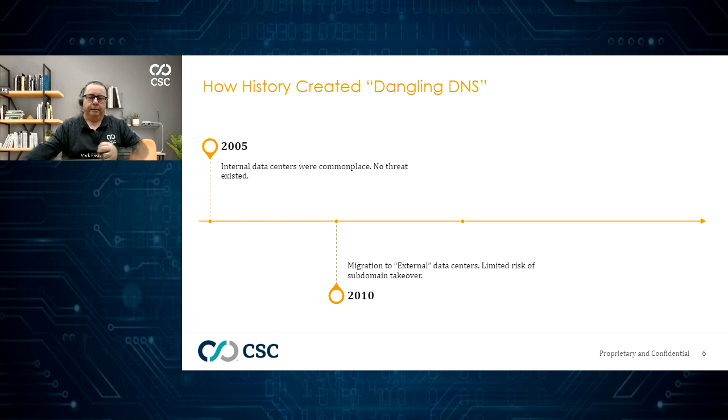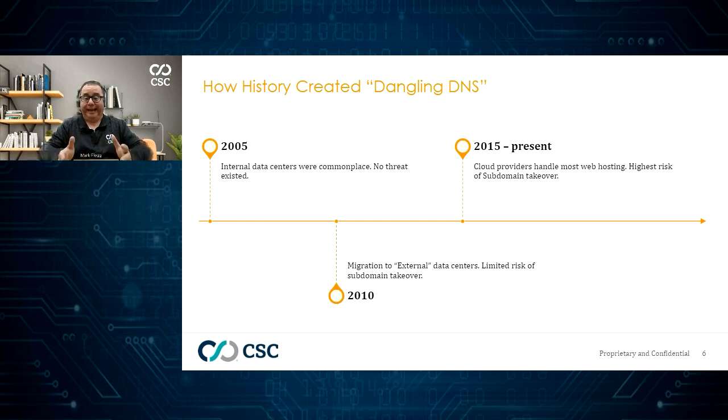So we fast forward again to certainly now, and I think the biggest push we saw was from 2015, where people were now using another external data center, but we call it the cloud. And this is where you've got the highest risk of subdomain takeover.